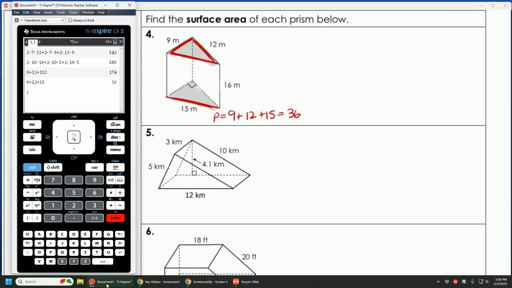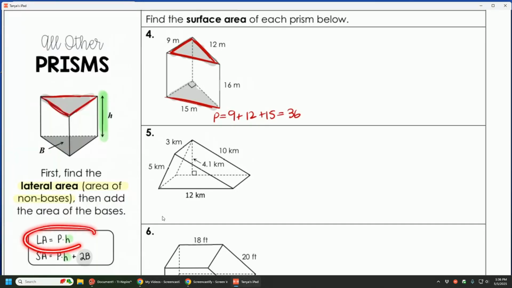Okay, so now let's go ahead and find lateral area. Lateral area just says perimeter times the height. So I have my perimeter, but which one is the height? Height needs to connect the 2 bases. So in this case, height has to be that 16.